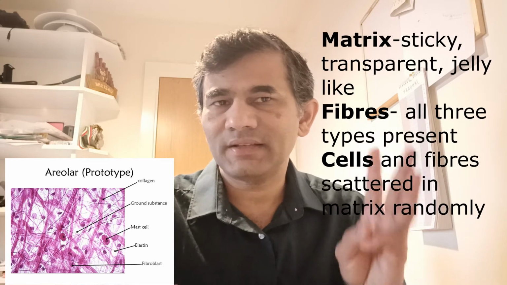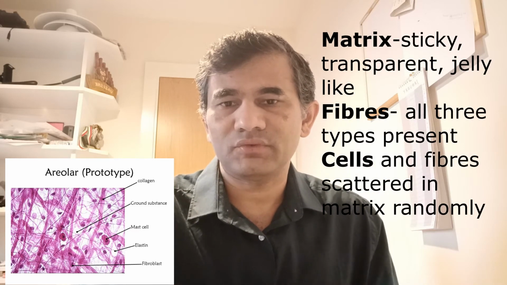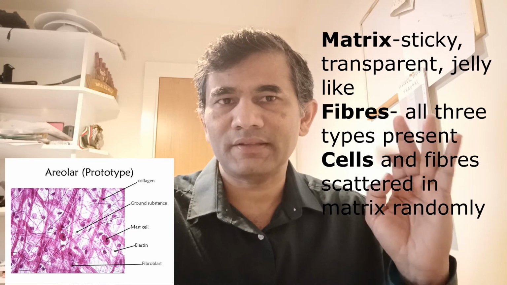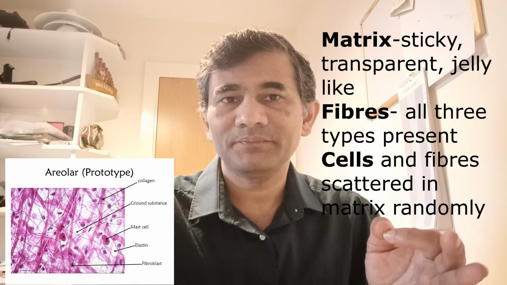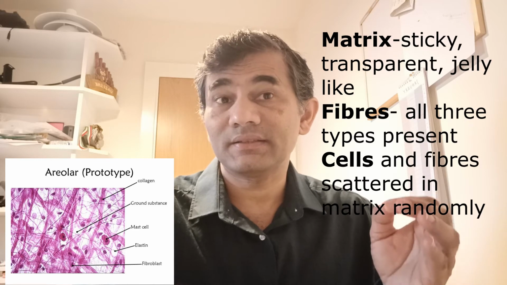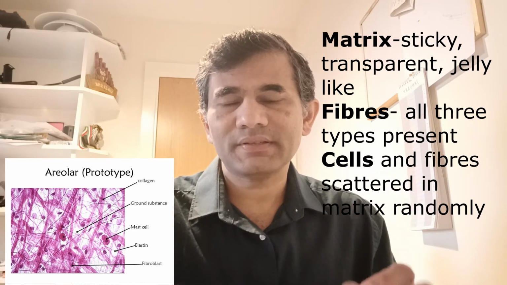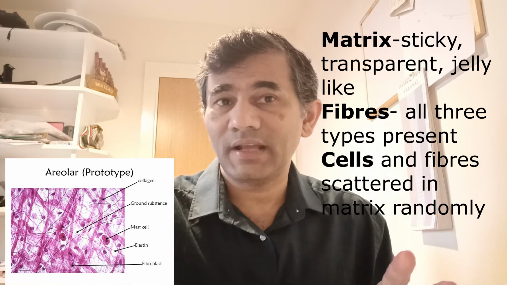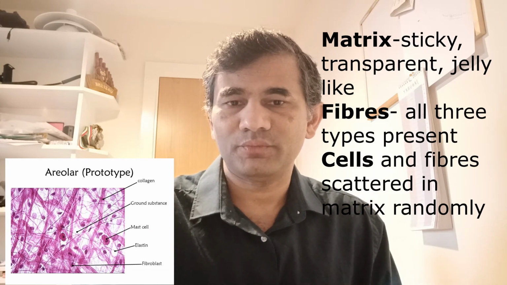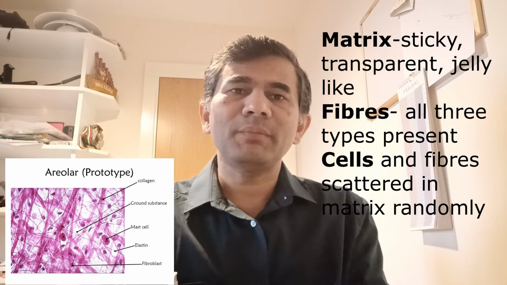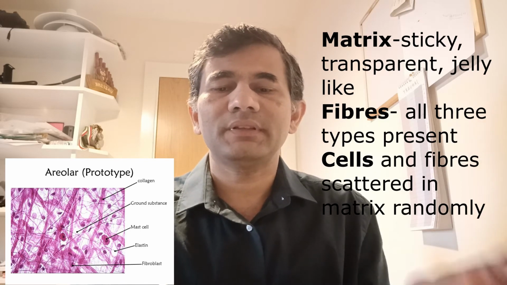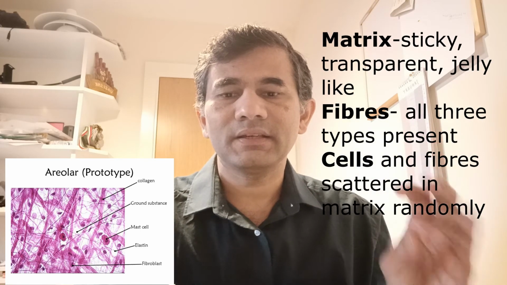So I have said there are three components of any connective tissue: matrix, fibers, and cells. So matrix of areolar connective tissue is sticky, it is transparent, and it is jelly-like. The fibers, there are all three types of fibers present in areolar tissue. So what are the three types of fibers? If you remember, I just mentioned three types of fiber. These are collagen, elastic, and reticular.